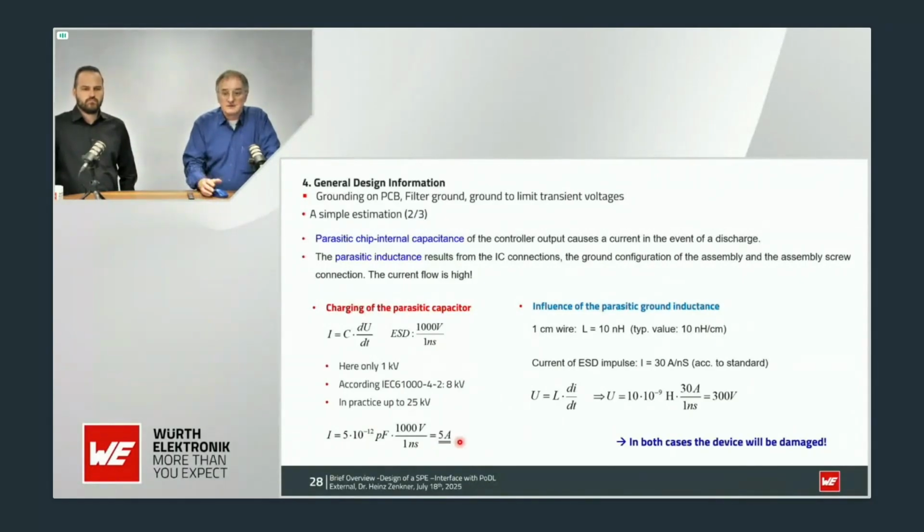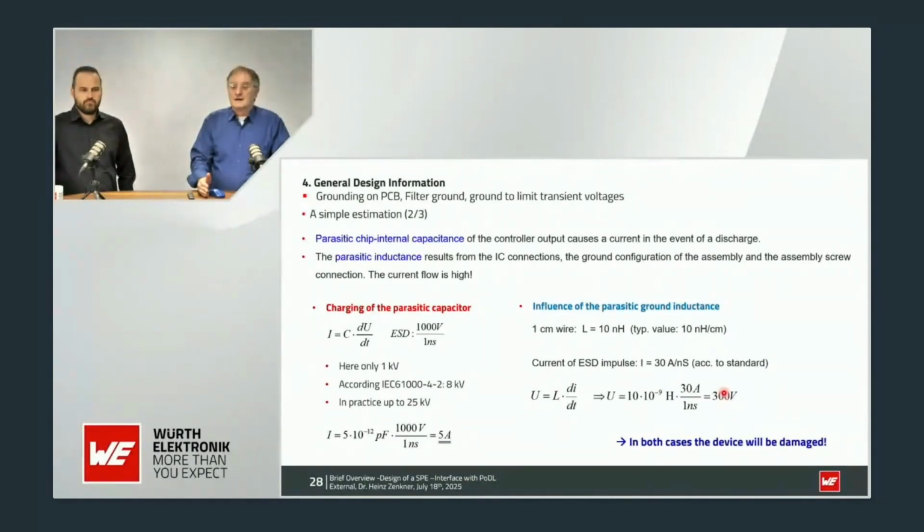So the controller will be damaged. And in case of 10 nanohenry impedance, for example, with a 30 amp per nanosecond discharge current, you get a voltage drop of 300 volts already. So this is crucial. With these parasitic capacitances and inductances, you will damage the device.